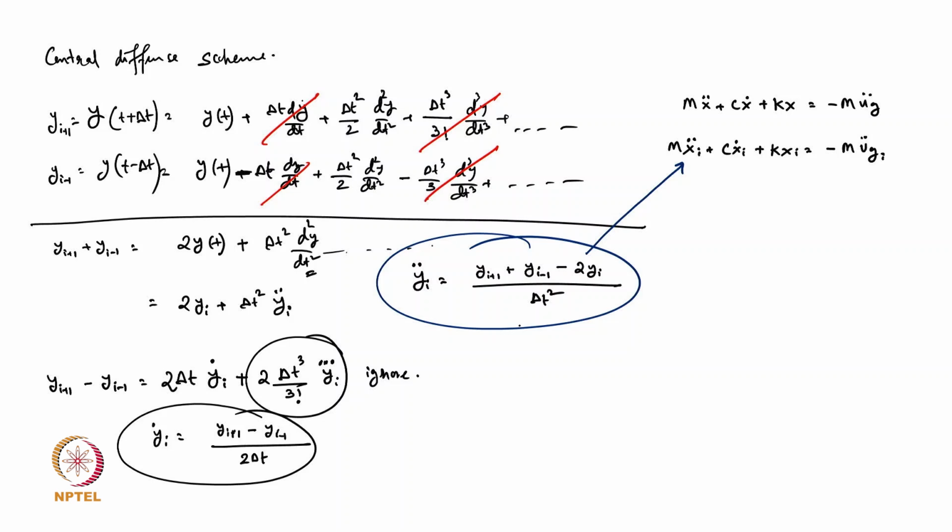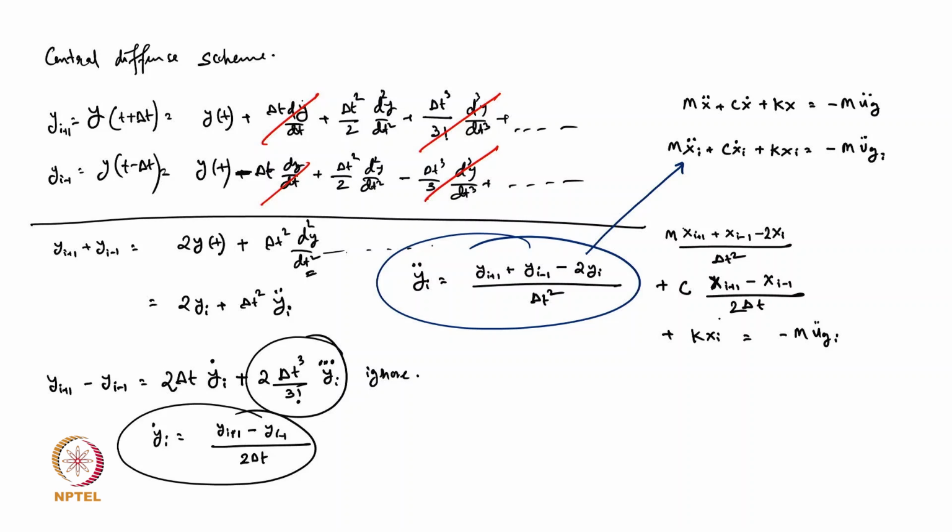Now we can substitute this portion here. Fine. Now if I try to write the equation of motion, then how can it be? m into xi plus 1 minus 2xi plus xi minus 1 divided by delta t square, plus c into xi plus 1 minus xi minus 1 divided by 2 delta t, plus k into xi, equal to minus m u_g double dot i.